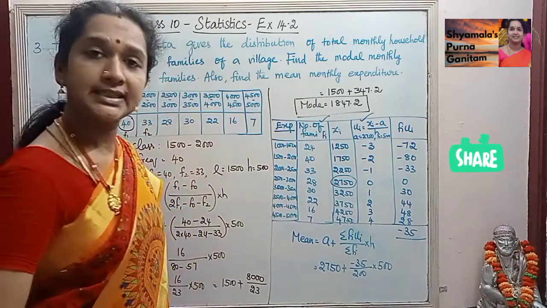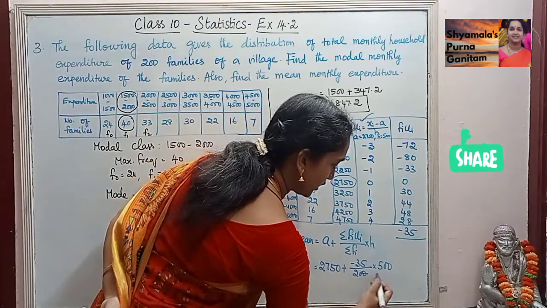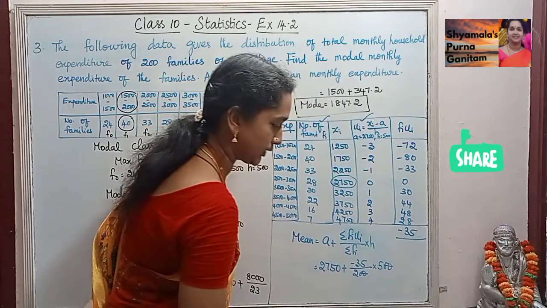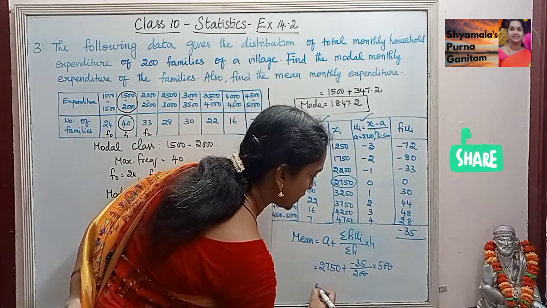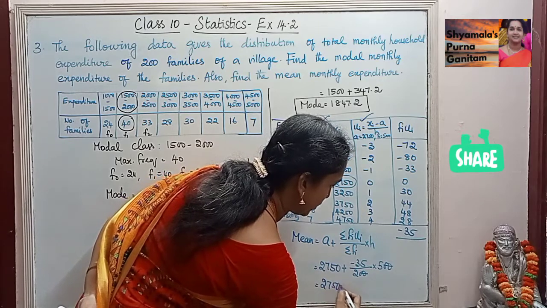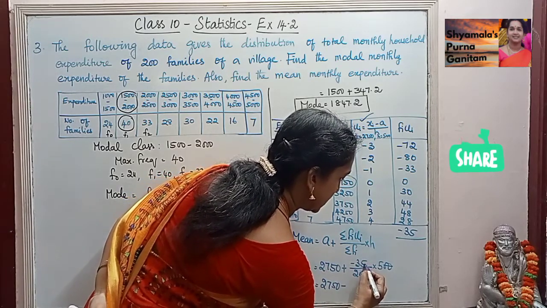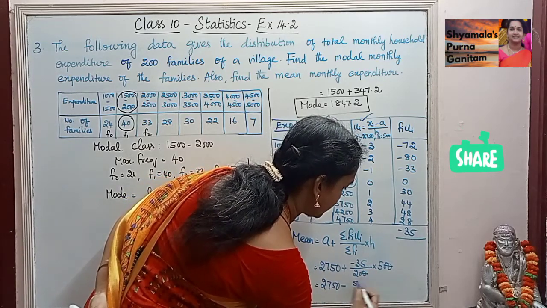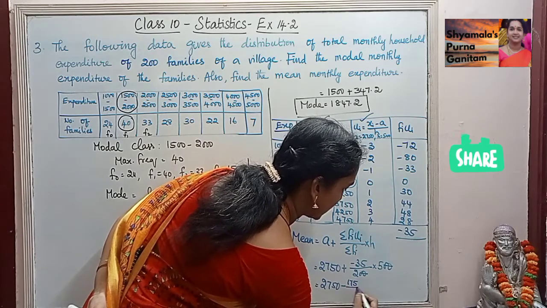Now we will simplify. The zeros cancel, and the numerator is 5 fives are 25, so 175 by 2.